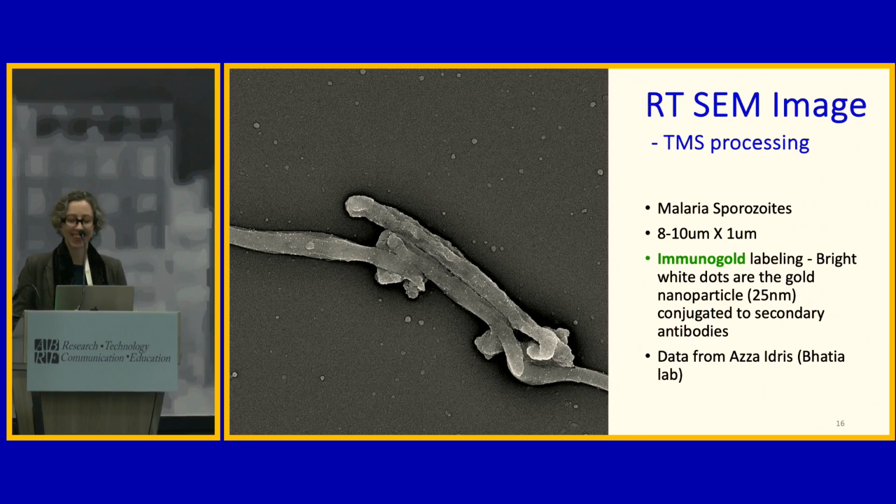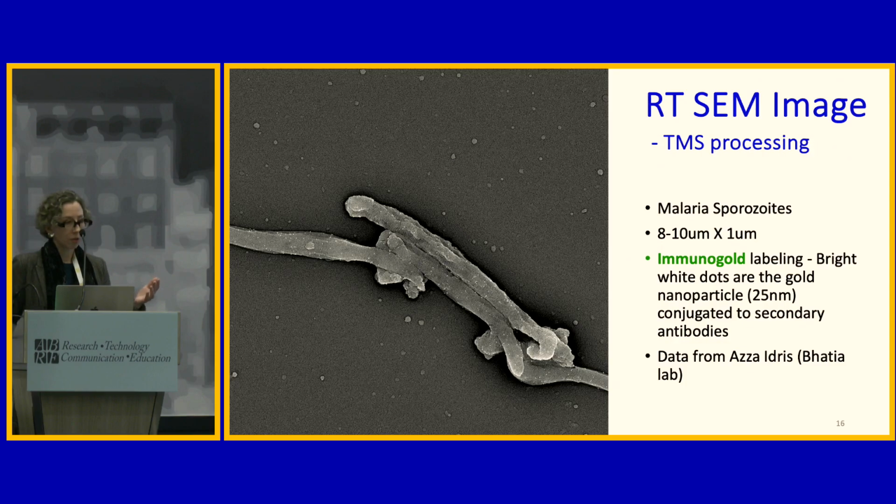And so this is an example of malaria sporozoites that one researcher was working on, and she was interested in identifying the presence of particular antibodies. And so each little white speck that you see here is a gold nanoparticle that is binding to the malaria sporozoite due to an antibody interaction.